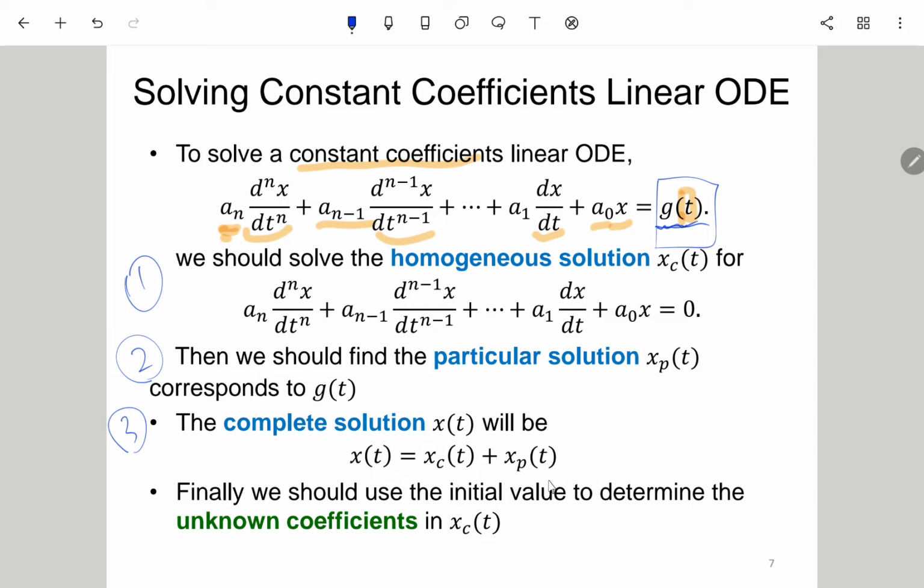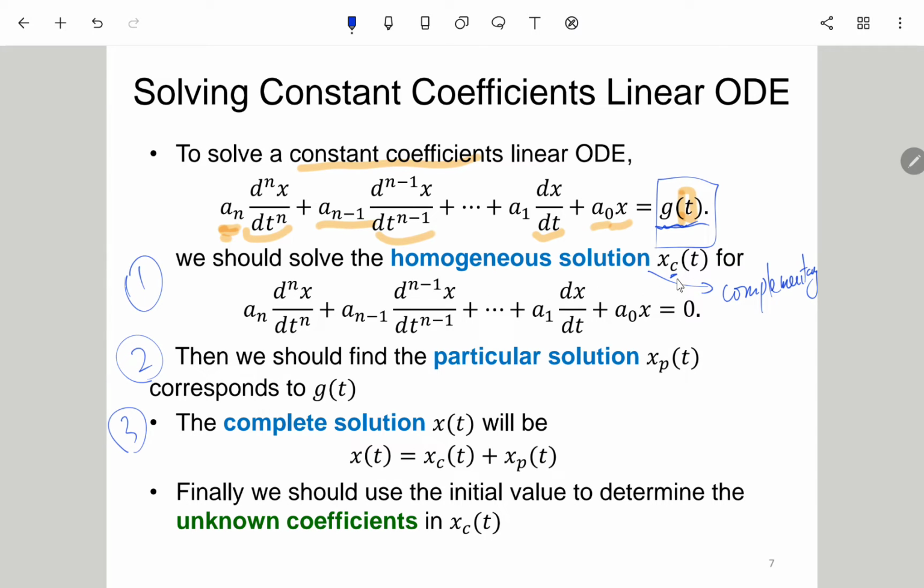solution. You may ask why we use c here rather than h. Actually, in some mathematics textbooks we call it a complementary solution. These two have the same meaning.